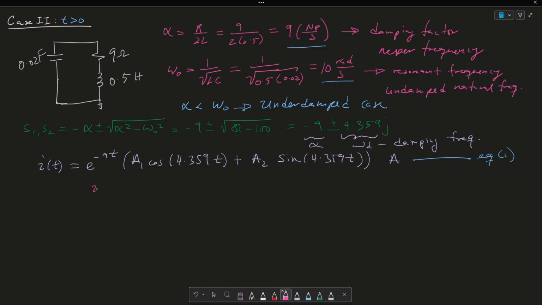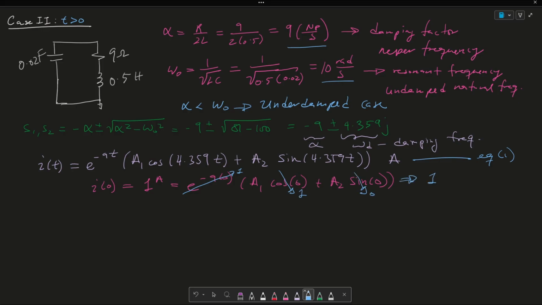So the first thing we could say is that i of 0 is equated to 1 amp, which we saw from the previous slide. And this is equal to e to the minus 9 times 0 times A1 cosine of 0 plus A2 sine of 0. We can also see that e to the negative 9 times 0 is just 1, cosine of 0 is 1, and sine of 0 is 0.